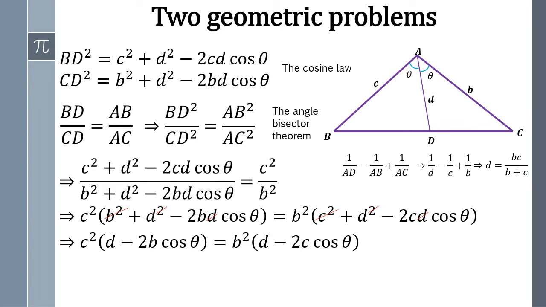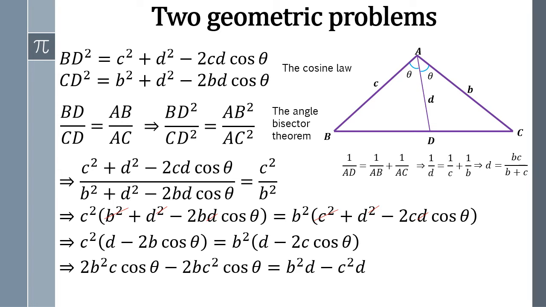Then this equation leads to C squared times (D minus 2B cosine theta) equals B squared times (D minus 2C cosine theta). Then I'm going to move the terms that contain cosine theta to one side and the terms containing D to the other side.